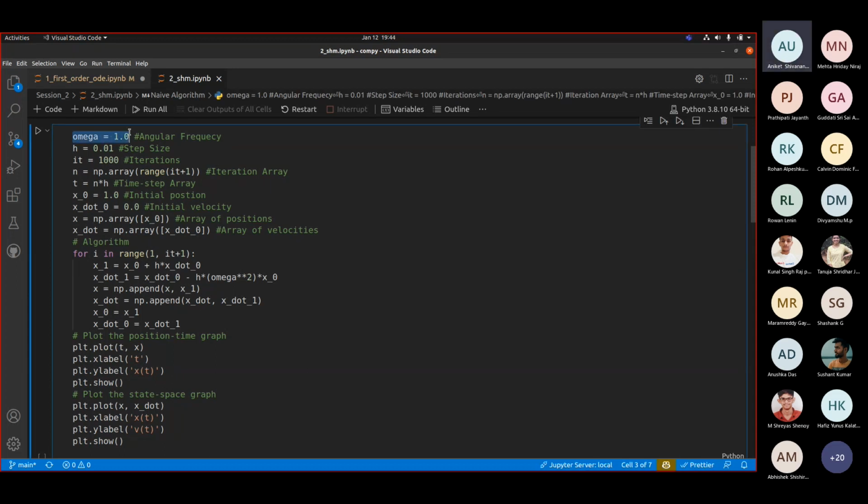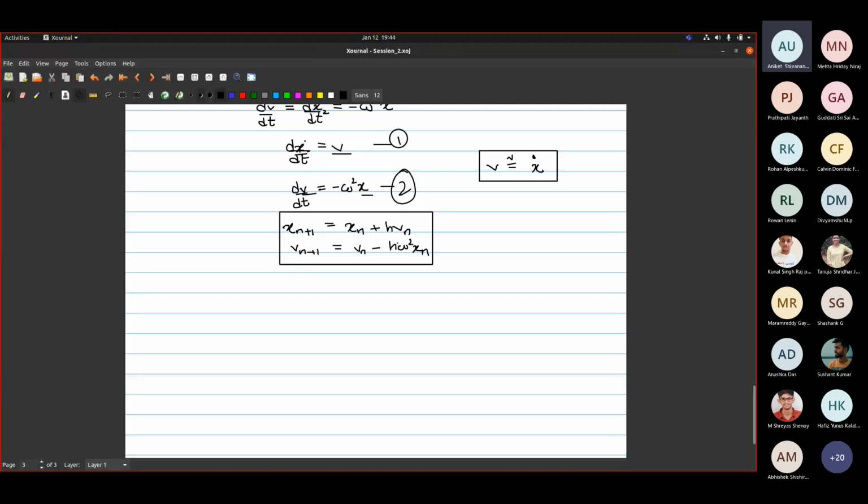Here I have set my angular frequency omega as 1, step size 0.01, and iterations to be 1000. Similarly, I have declared an iteration array, a time step array, and the initial position. This discretization is useful because we know the initial position and we can know the initial velocity.